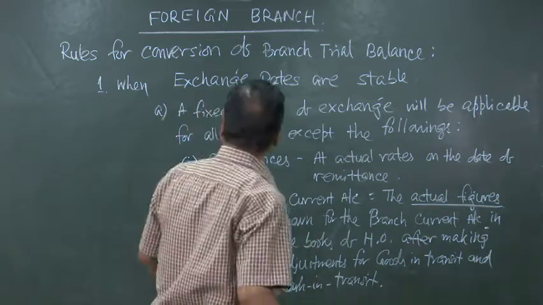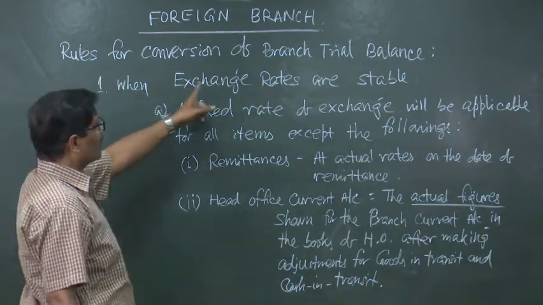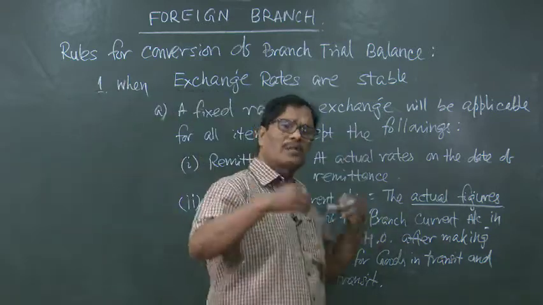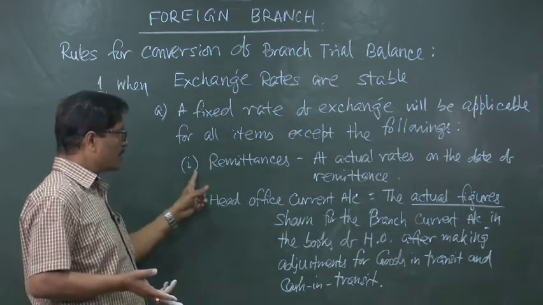So, these are the two things which you have to remember when exchange rates are stable. First of all, a fixed rate of exchange will be applicable to all the other transactions excepting two items, that is remittances.